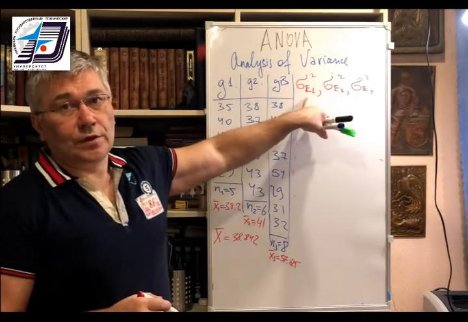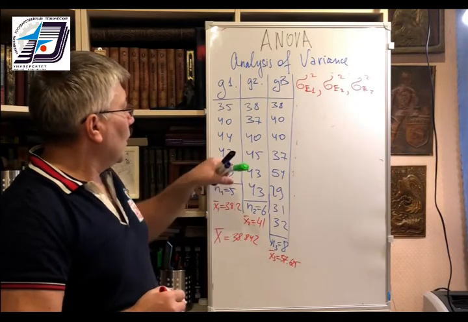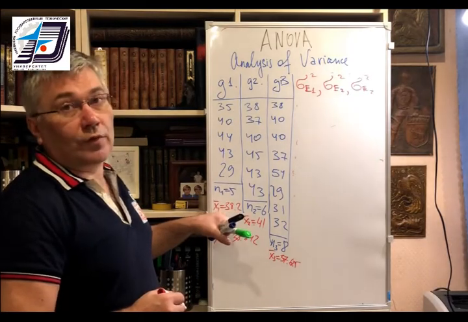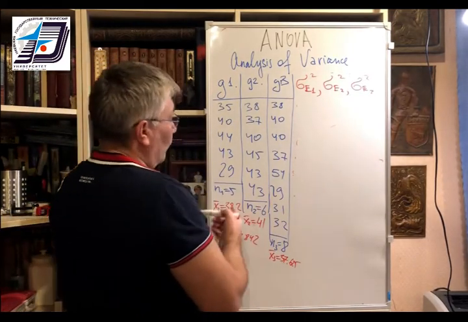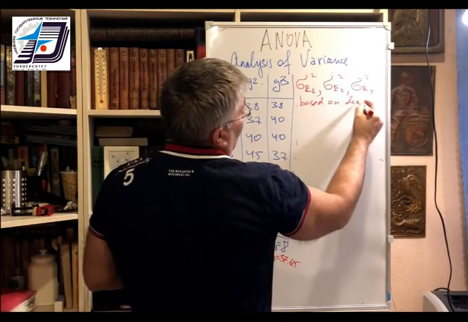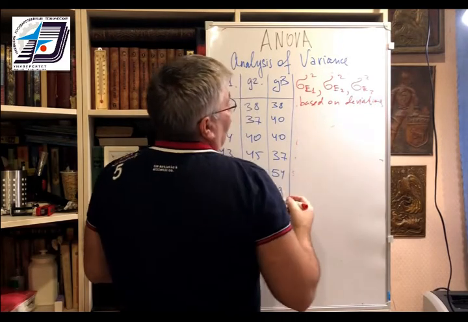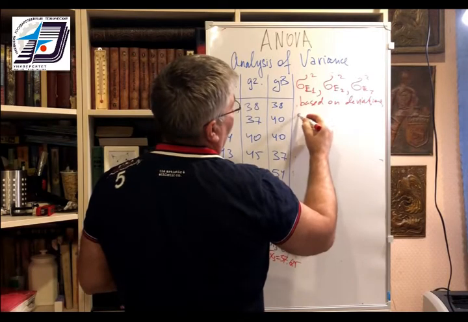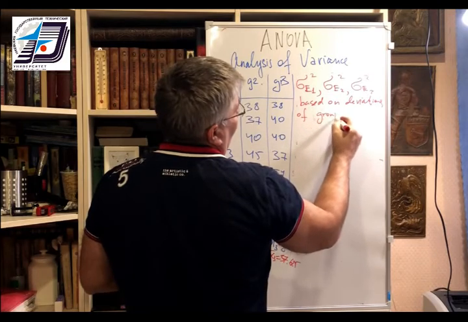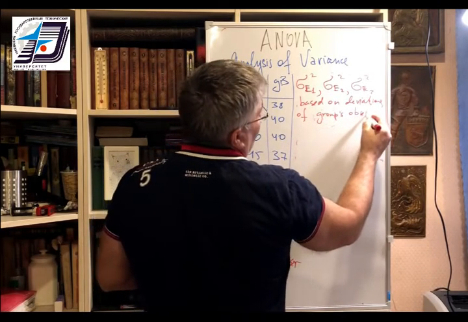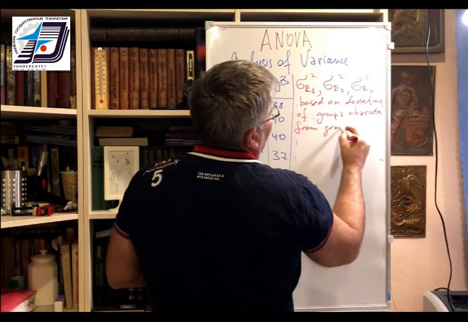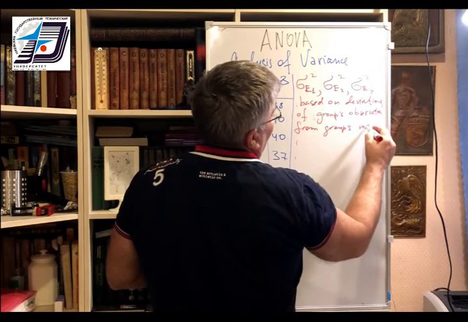These variances are based on the deviation of each observation in each group from the mean value of the group, from the group's mean.